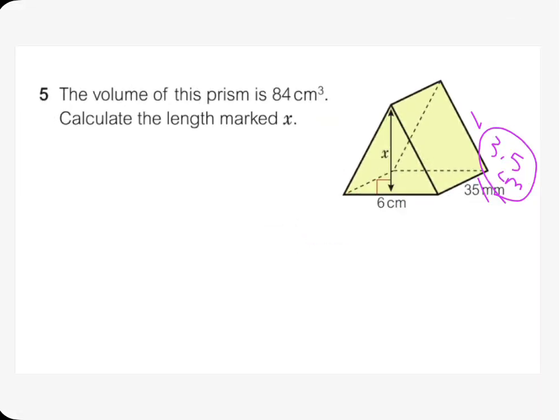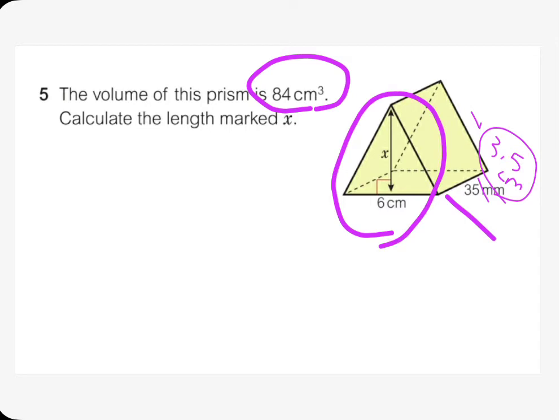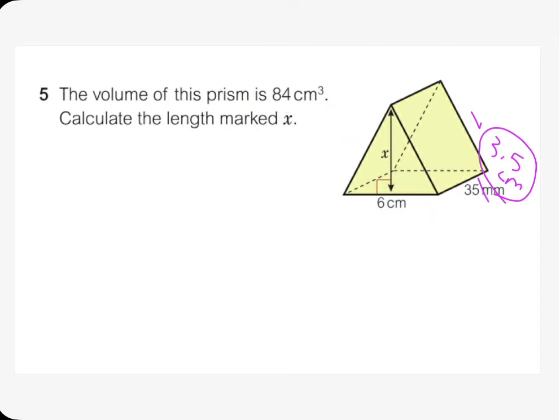Now, let's start with the steps. First, we have the volume, and then we have the length of the prism, and we have the triangle. First, we have to write the formula that we're going to use.